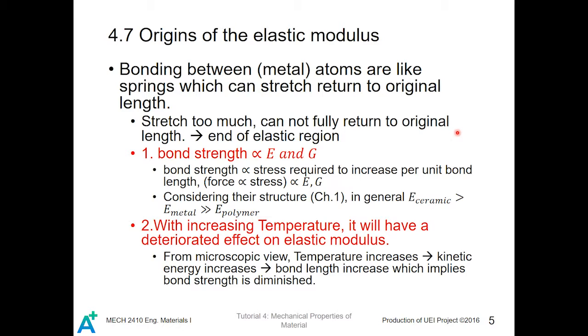In the microscopic world, when temperature increases, the kinetic energy will increase. And when the kinetic energy increases, the bond length will increase, which implies that the bond strength is diminished. As we know, bond is basically the electrostatic attraction between atoms, which is proportional to 1/r squared.